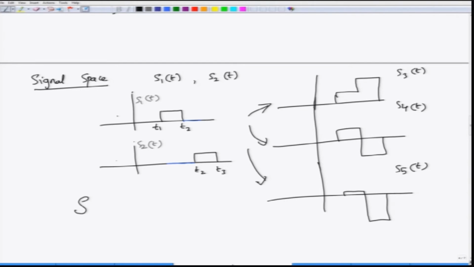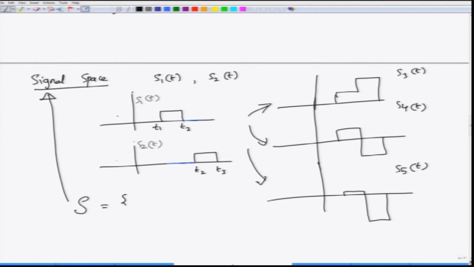If I take any linear combination, there could be an infinite number of such linear combinations resulting in an infinite number of signals, but each of those signals can be built up just by stretching and expanding each of S1 of t and S2 of t. We are not allowed to move it outside the domain, but we are allowed to multiply it by any real number. Such a space is called the signal space.